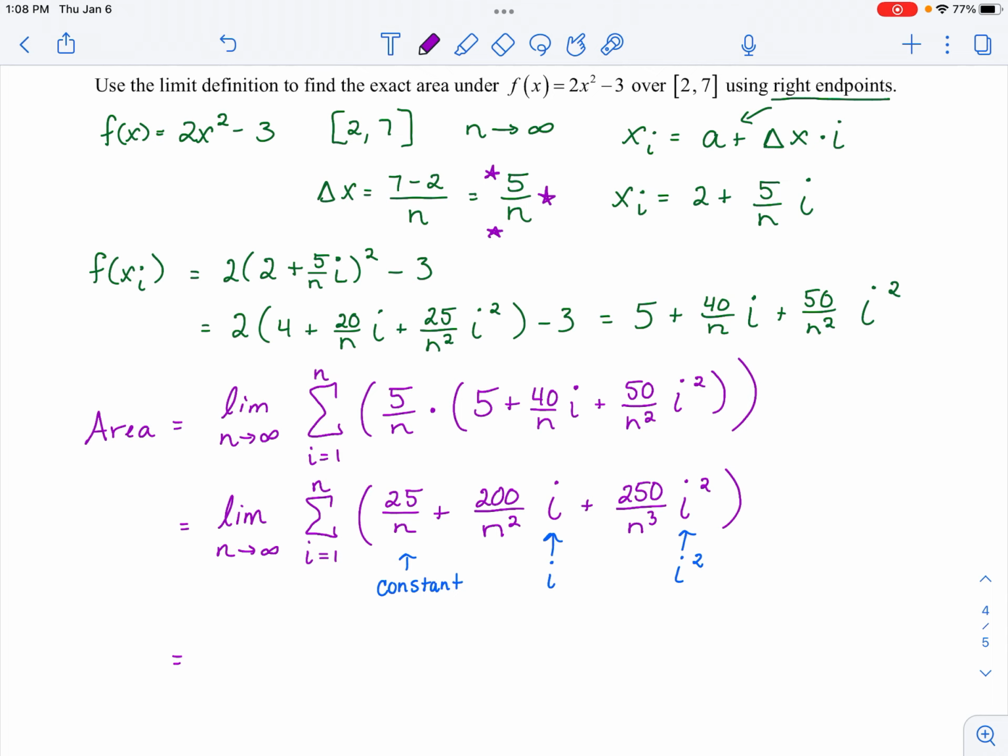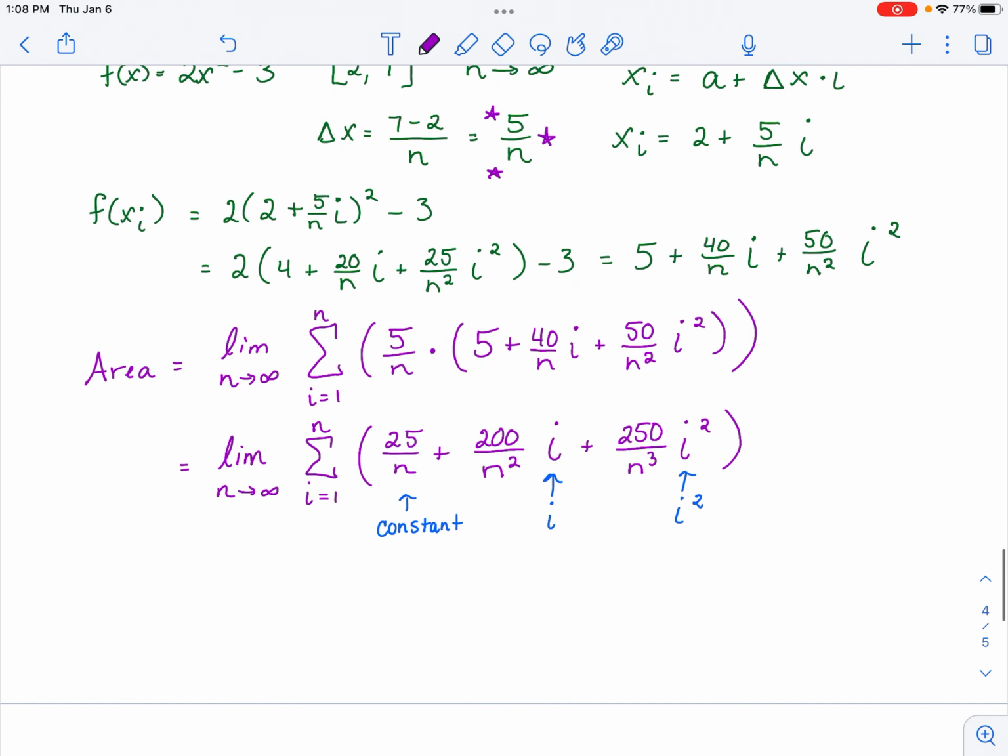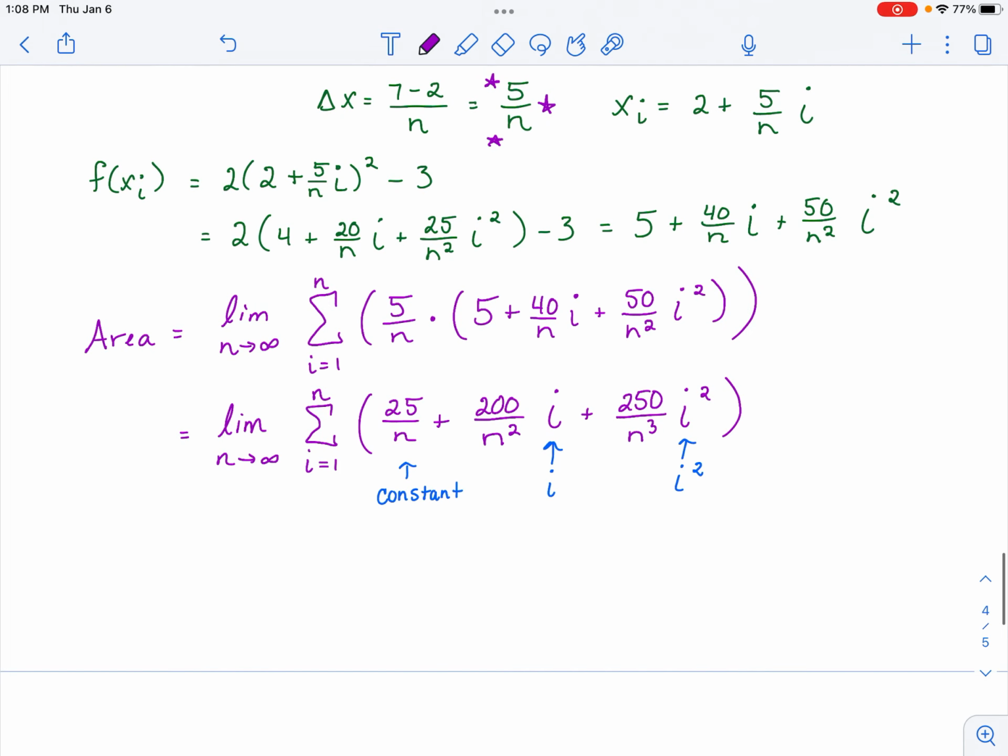So now this is going to be equal to, and you know what, I'm going to shift over a little bit so I have a tiny bit more space to write. Here we go. So I'm going to say equals the limit as n approaches infinity of, I'm going to actually apply the summation formula so the summation sign will go away.